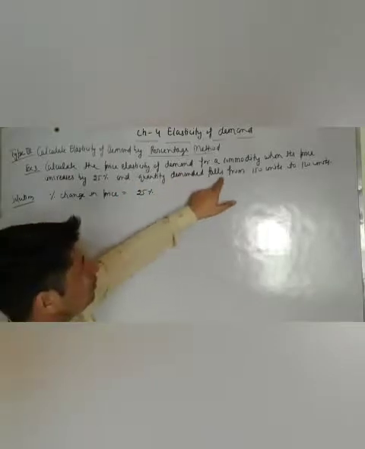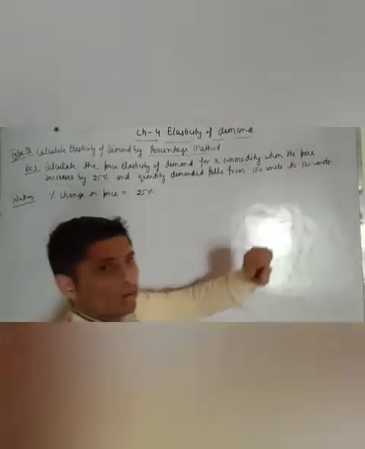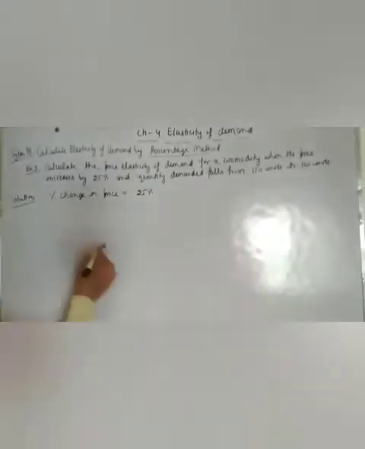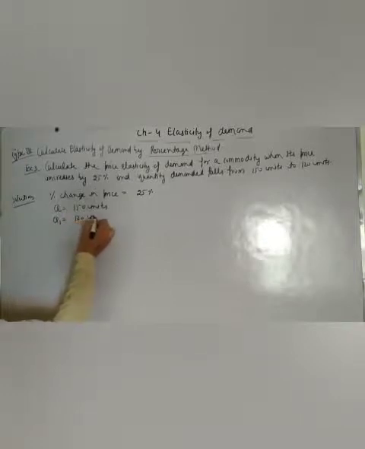Quantity demanded falls from 150 units to 120 units. Initial quantity means 150 units and Q1 means 120 units. Now we can find here delta Q. Q1 minus Q means minus 30.